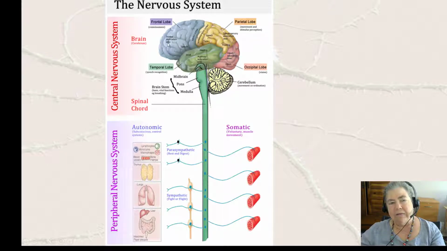The parietal lobe, which is about sensory, receiving sensory information and processing sensory information, along with some areas relating to speech and language. Taste is a sensation here, and what are called somatosensory association areas.